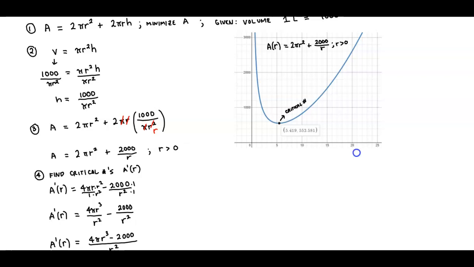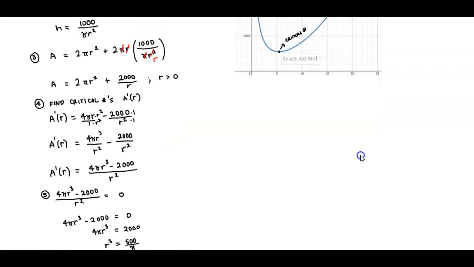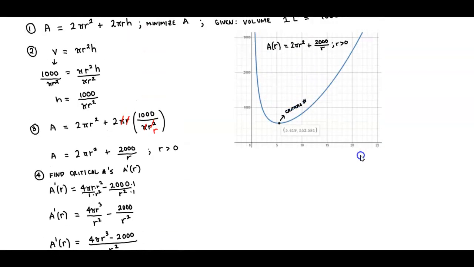Okay, so we can say two things here. We can say that the derivative is going to be less than 0 for r less than the cube root of 500 divided by pi.